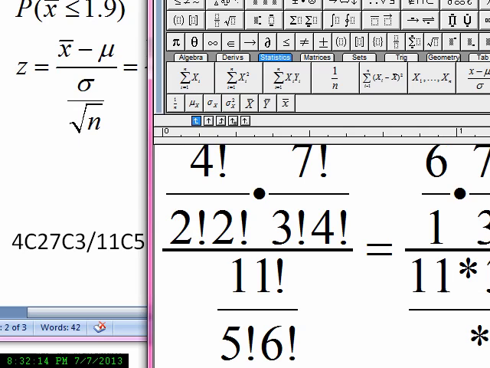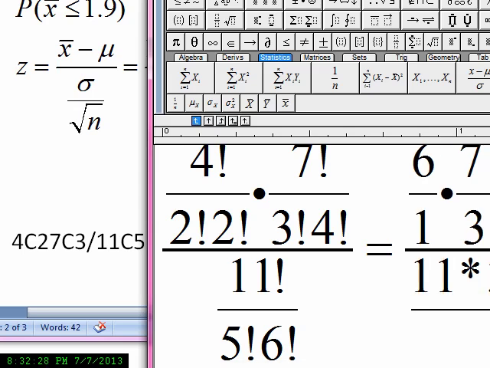That 7 could cancel with the 35 and make that a 5. So this 2 and 3 canceled that 6.